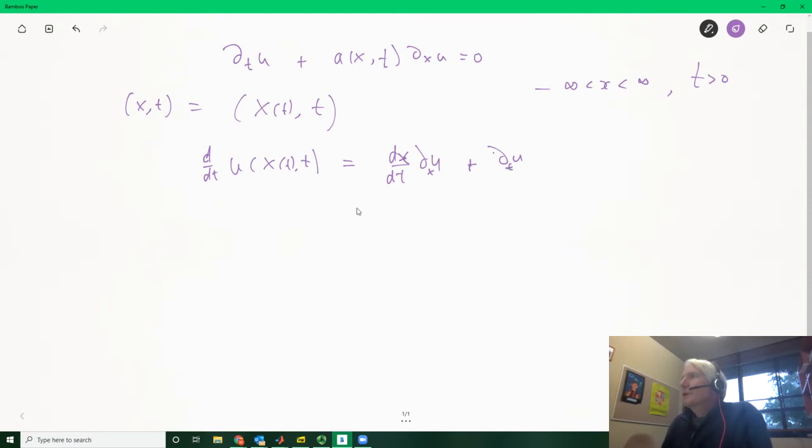Okay, and then du/dt is, it's dX/dt times the derivative of u with respect to x, minus a(x, t) times the derivative of u with respect to x, from the equation.